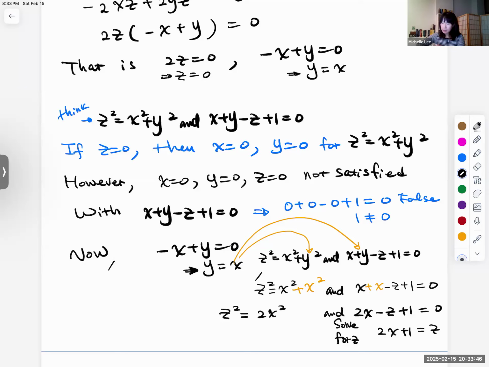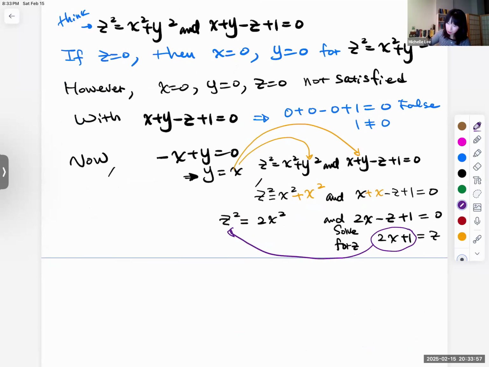Okay. Now since z equal to 2x plus 1, let's substitute for z here. So there will be 2x plus 1 squared equal to 2x squared, right? Now we use the formula: 4x squared plus 4x plus 1 equal to 2x squared.